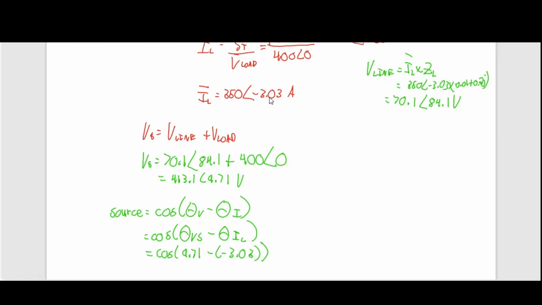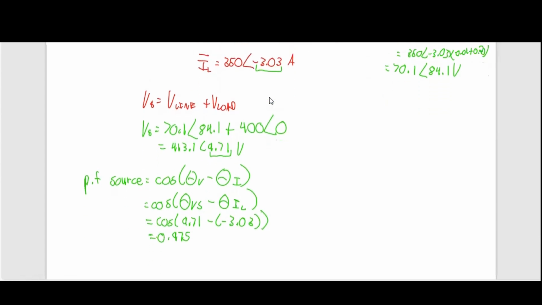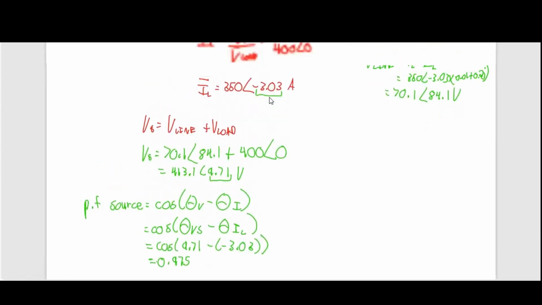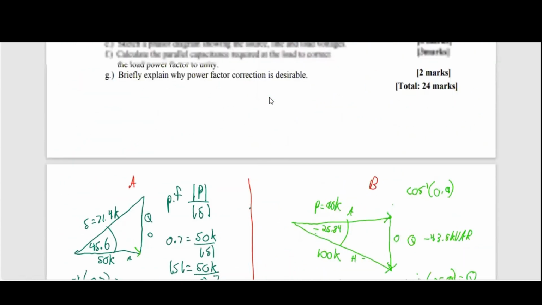So that'll be 0.975. That's the source power factor. It'll just be cos of theta V S minus theta I L. Just remember it's the same equation all the time. Yeah? Alright, nice.